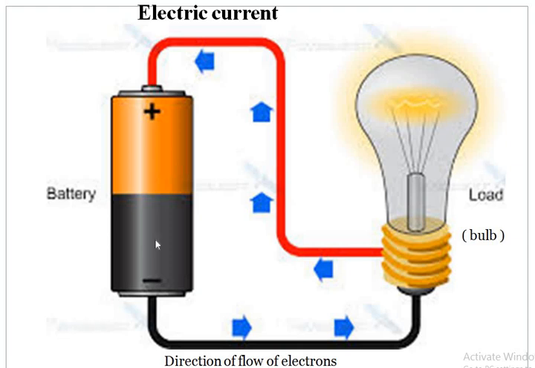Here is one such circuit. In an electric circuit, there are two things that flow. One is the electrons. Electrons flow from the negative terminal towards the positive terminal, and second is the electricity or electric current, that always flows from the positive terminal towards the negative terminal.